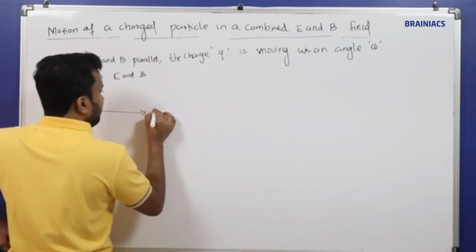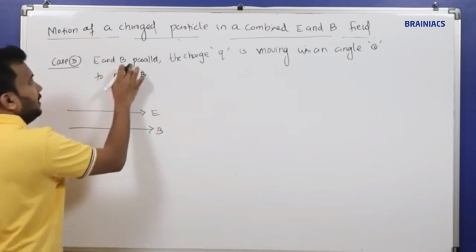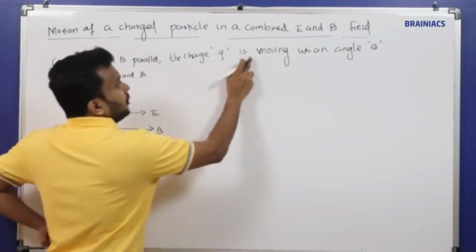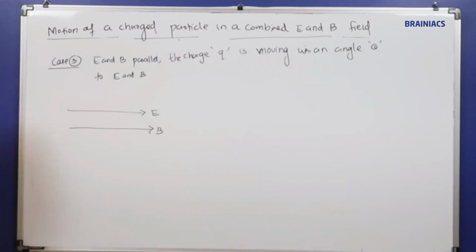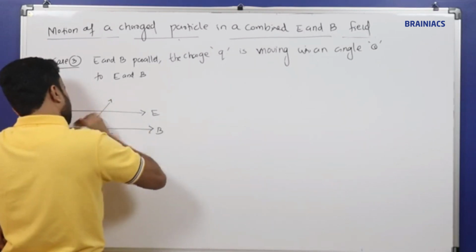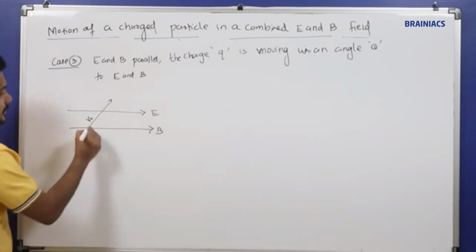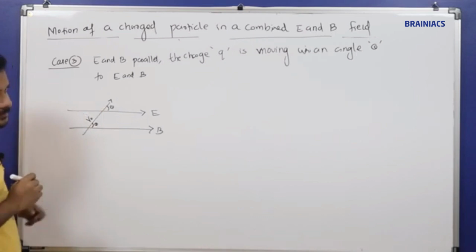So the electric field and magnetic field are parallel. That's the first one, E and B parallel. The charge Q is moving with an angle theta. Let's assume the charge is moving like this with an initial velocity V0, and this will make an angle theta here.